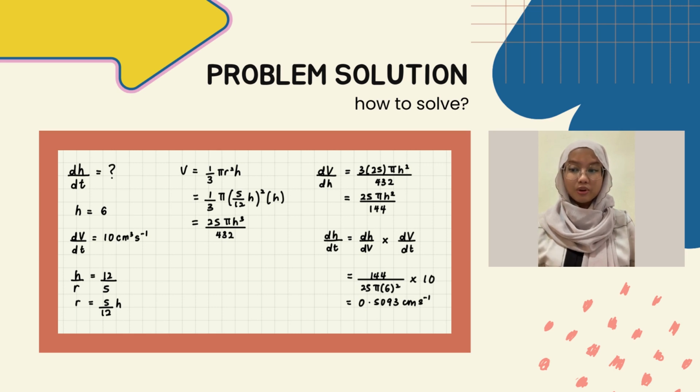As I've mentioned before, what we are trying to search for is dh over dt. And now, we can calculate it by multiplying dh over dv with dv over dt. After substituting in the values, you will get 0.5093 cm per second, which is the answer for the problem statement.